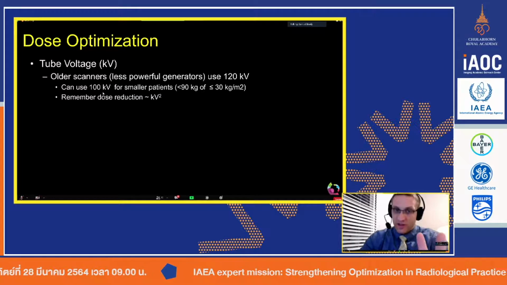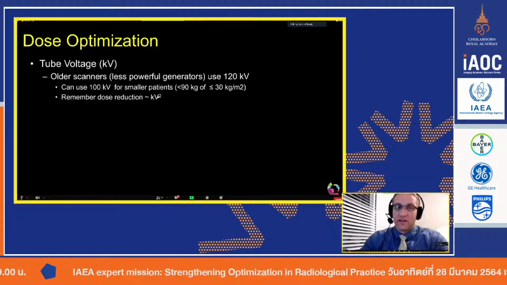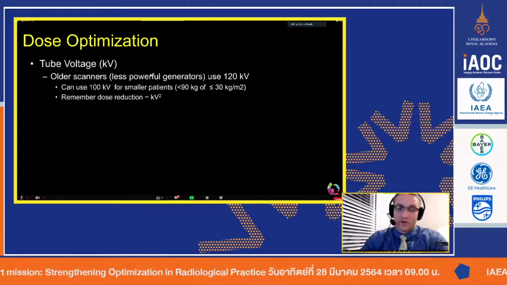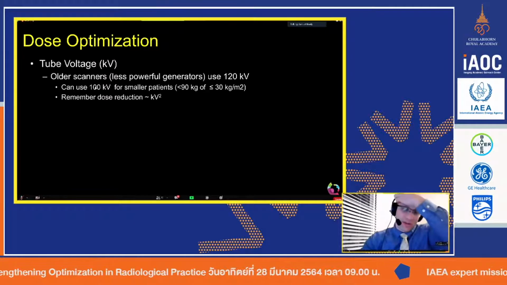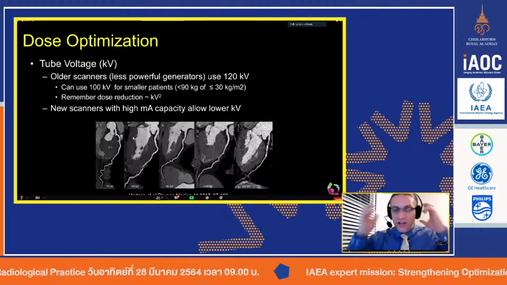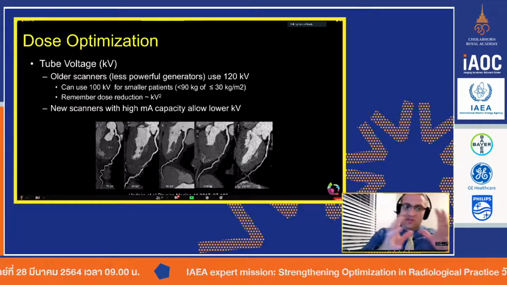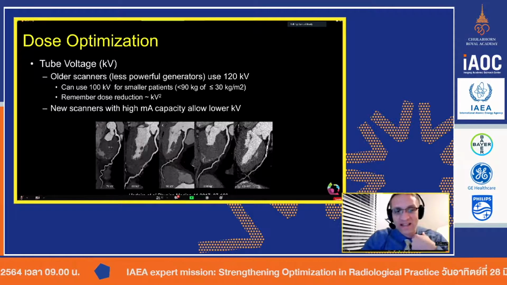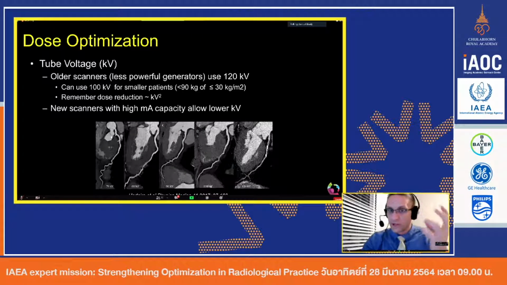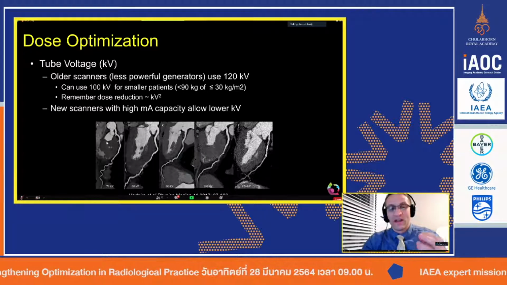So a couple of things. Remember, we talked about this last week. The radiation dose changes by the square of kV. So going from 120 to 100 kV reduces the patient dose. But just like those monoenergetic images we were looking at a minute ago, when you shift towards lower energies, because you're using more photoelectric effect, the intensity of the attenuation in these images is much greater.